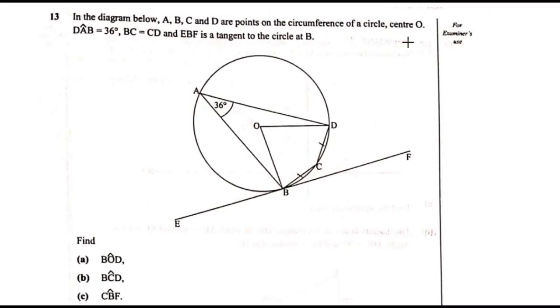That was the answer. In the diagram below, A, B, C, and D are points on the circumference of a circle, center O, DAB is equal to 36 degrees, BC is equal to CD, and EBF is a tangent to the circle at B. So I should have advised you earlier that you shouldn't just be watching through the way we are solving.